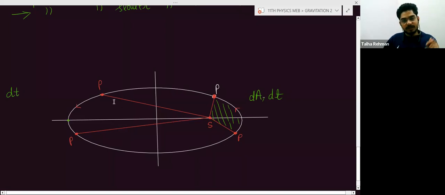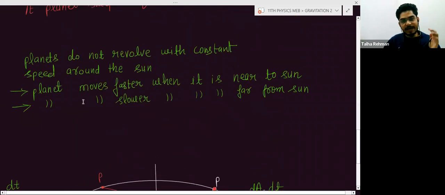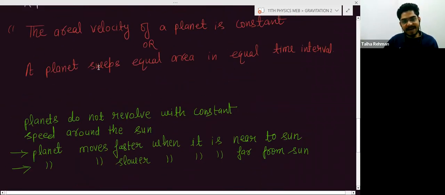Now, in moving the planet from this point to this point, time taken by the planet is dt. What will be the area? According to Kepler's second law, the planet sweeps equal area in equal interval of time.